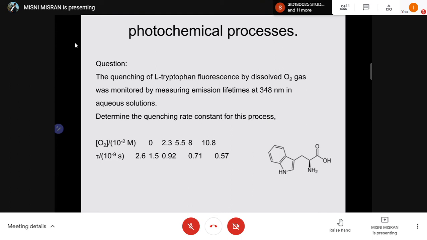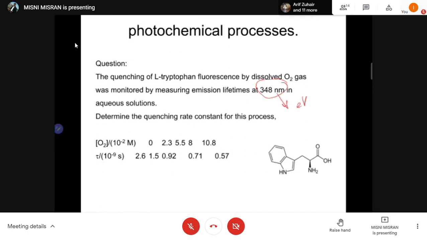So if you take this one, for instance, the quenching of tryptophan fluorescence by dissolved O2, oxygen gas, was monitored by measuring the emission lifetimes at 348 nanometers, aqueous. So in here, I may ask you in energy, eV, for instance. In one question, there are actually two parts here.